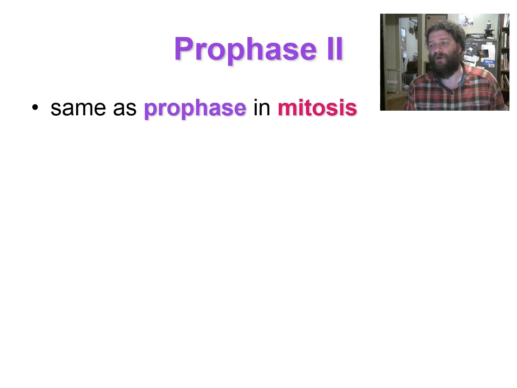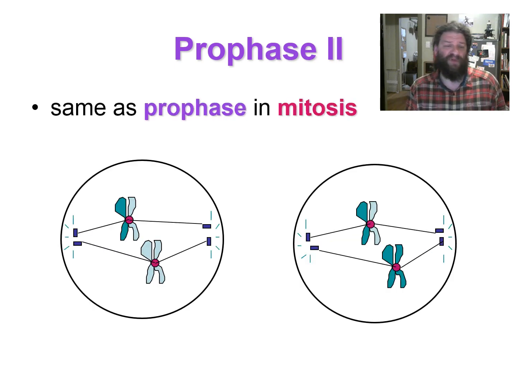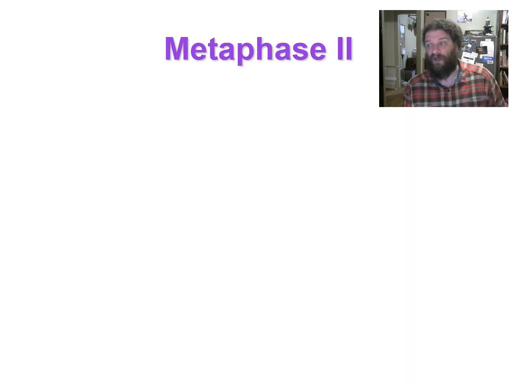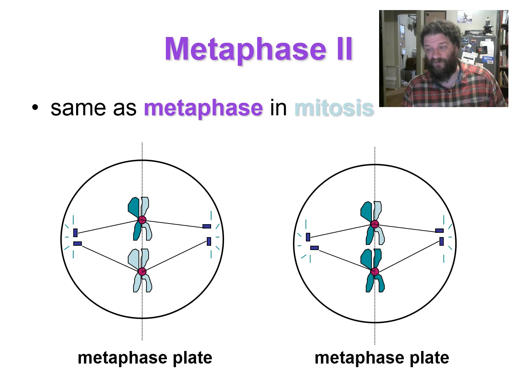So here we go. We go through prophase 2. We're going to line up. Now it's going to look just like mitosis, except there's half the number of double chromosomes to line up on the equatorial plate, because we don't have homologous pairs. Again, there's a variety in the way that these can line up, maternal versus paternal.